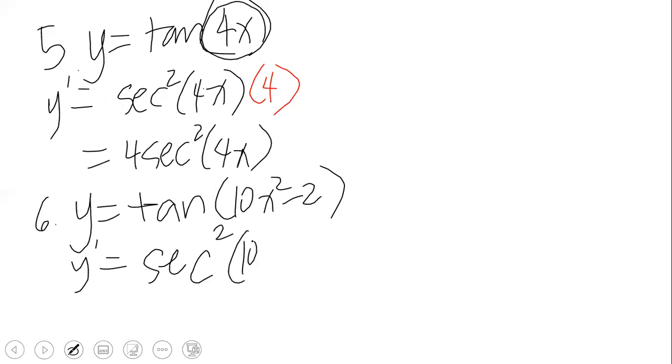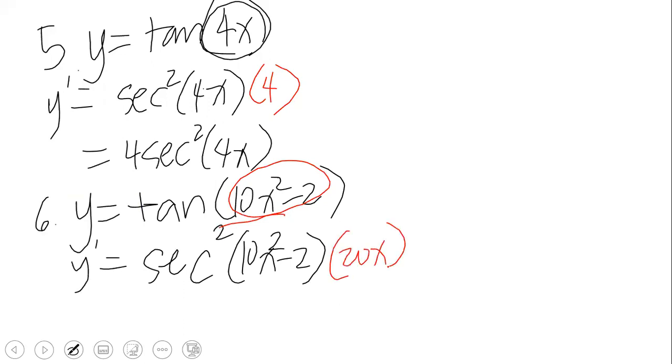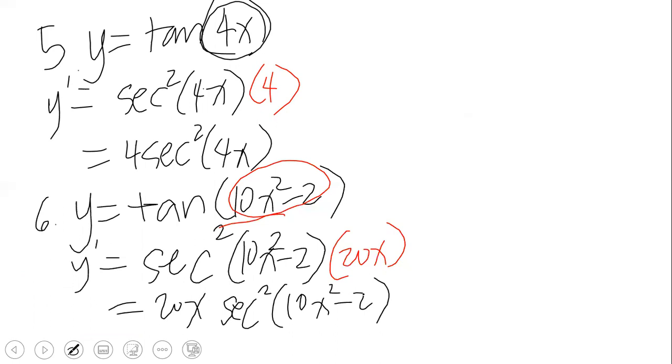Yung angle, 10x squared minus 2. Then the derivative ng angle. So that will be times 20x. So you also have y prime equal to 20x secant squared angle 10x squared minus 2.